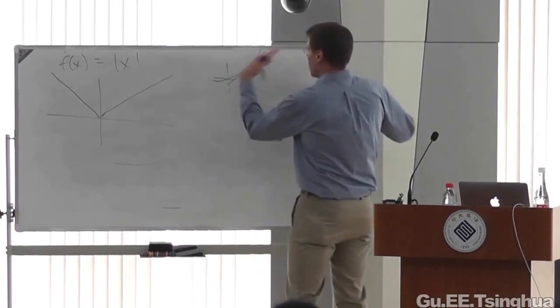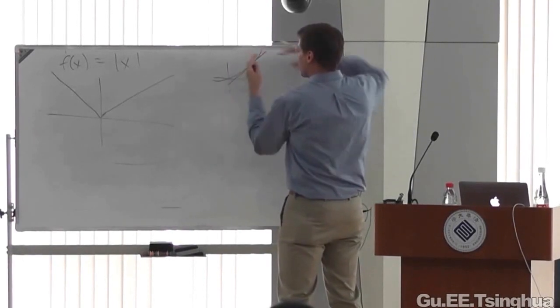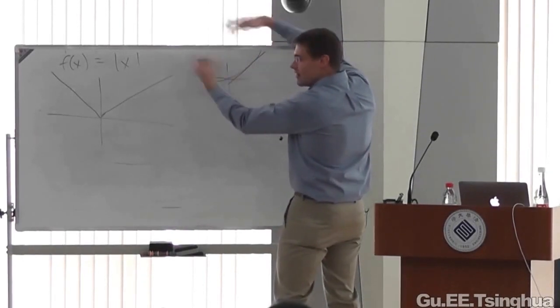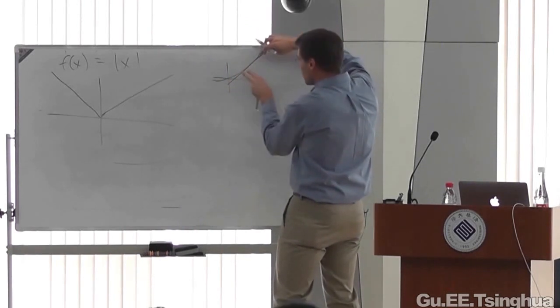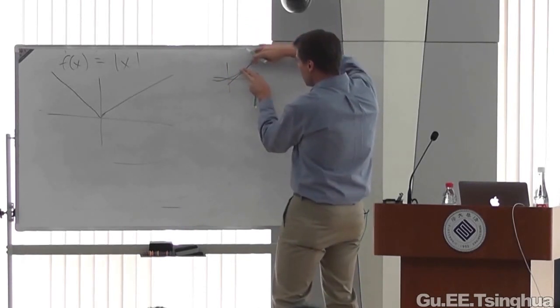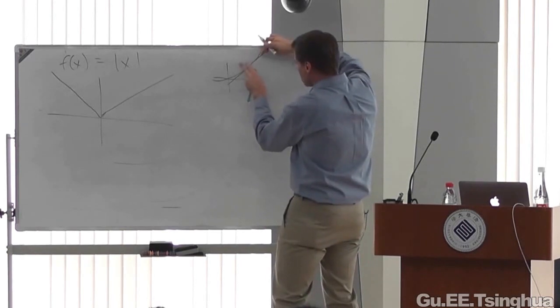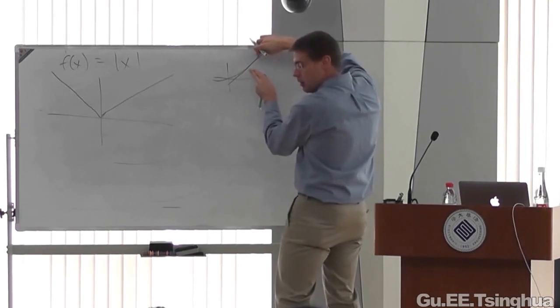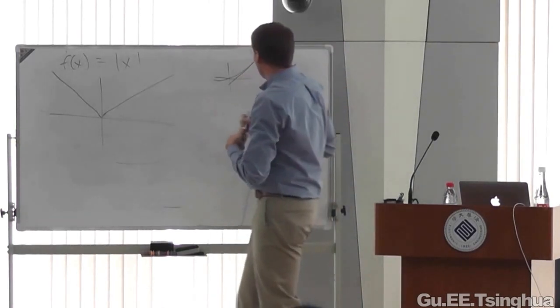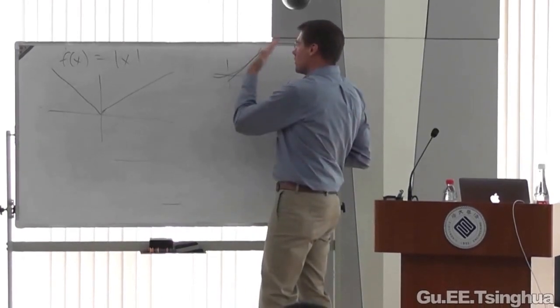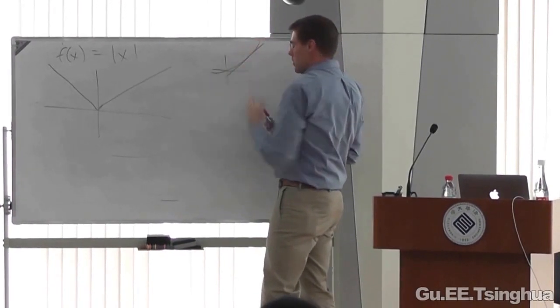What that means is if I draw a line, the whole function lies to one side of it. Not only that, this is the only line such that that's true. Because if I perturb it a little bit this way, part of the function over here will lie past it. If I perturb it a little bit the other way, part of the function up here will lie past it. So the derivative defines a supporting hyperplane.